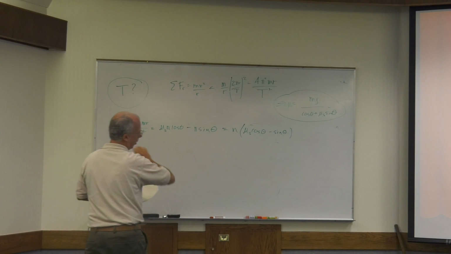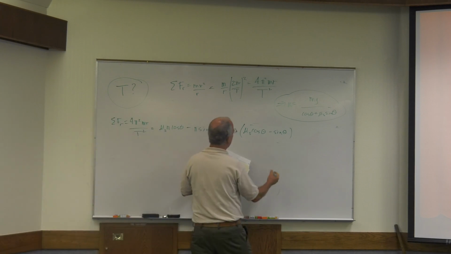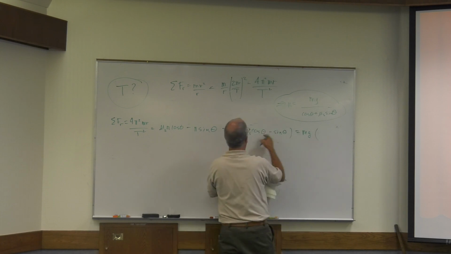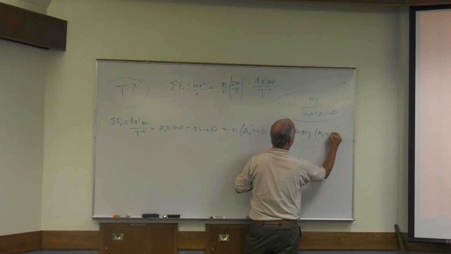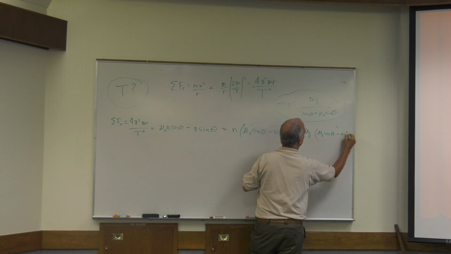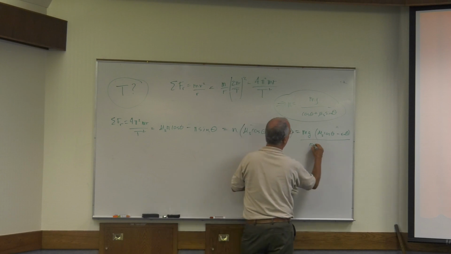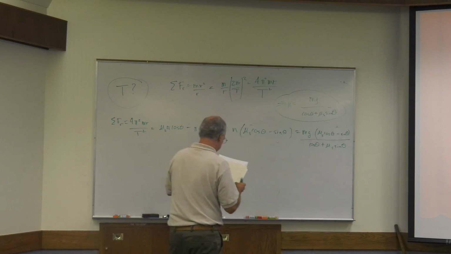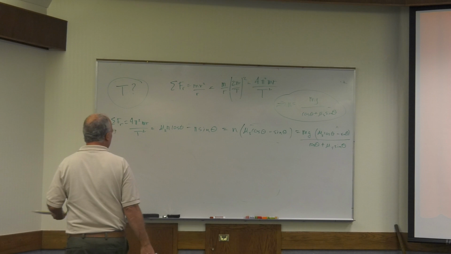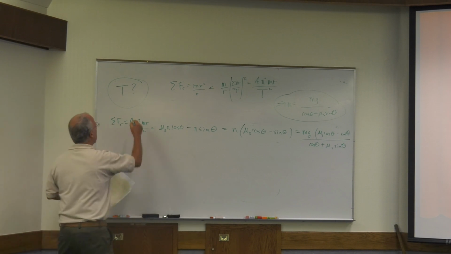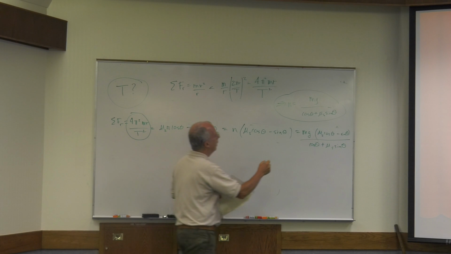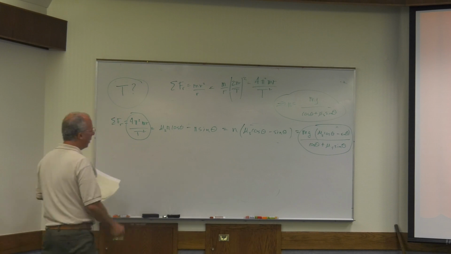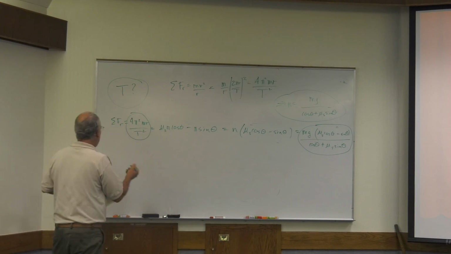Okay, now let's plug in that mess. So here's n. So we're going to have mg times mu s cos theta minus sine theta all over cos theta plus mu s sine theta. Okay, now what do we want? We want t, right? So I want to get t, so I'm going to flip them both.